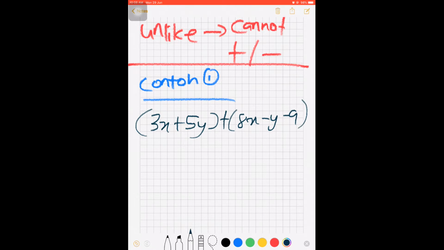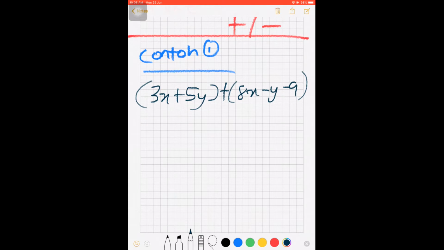So how do we do this? First step for tambah tolak, you kena buka brackets. You can remove all the brackets. So how do we open the brackets? Like this. This one is bawa turun je because there's no sign kat luar ni. It's just positive. So becomes 3x plus 5y ni tambah 8x plus 8x.